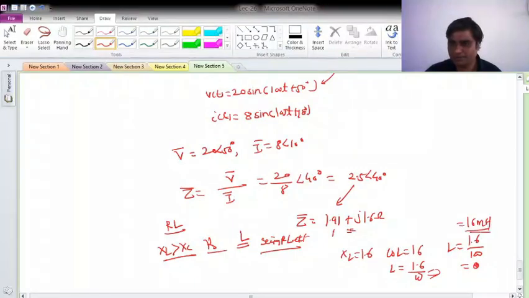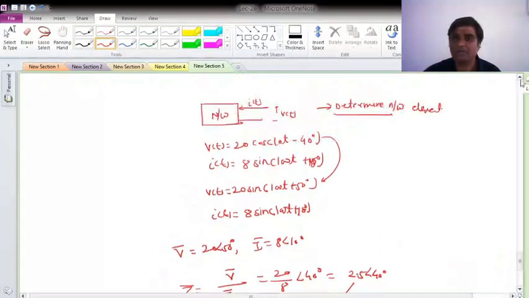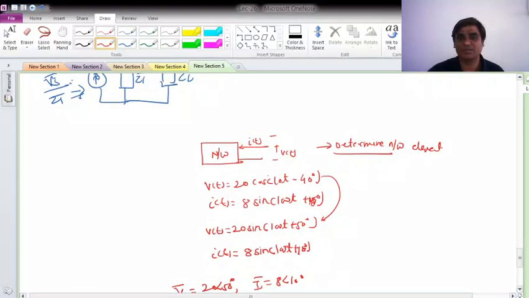So the inductance will be 16 millihenry. That way you can compute the network element if you know the voltage and current. So this way you can solve AC circuits without writing the differential or integral equation.